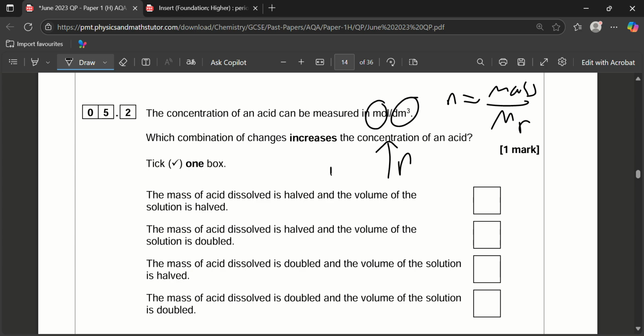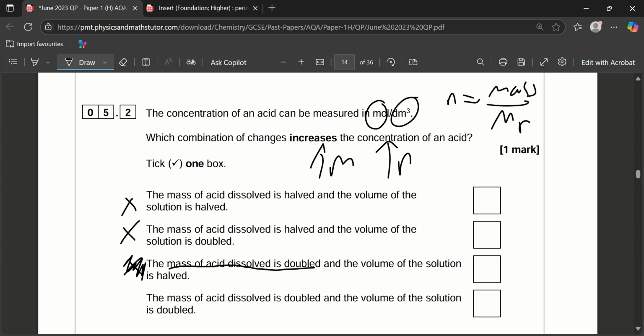And since moles is mass over Mr, to get a higher mole, we need a higher mass, as they will be directly proportional. So looking at the first one, mass of acid dissolved in half, solution is half, no, it can't be that one. Mass of acid dissolved in half and volume is double, no, that's just diluting it, it's decreasing its concentration. Mass of acid dissolved, doubled, volume solution is half, nope.